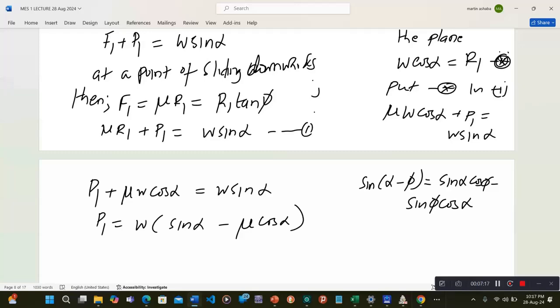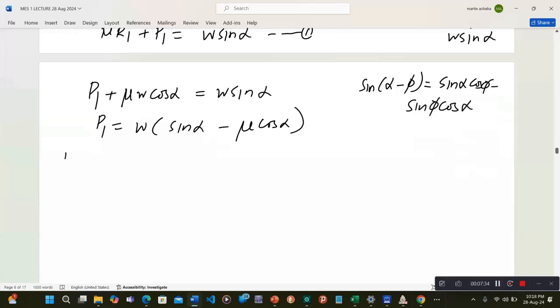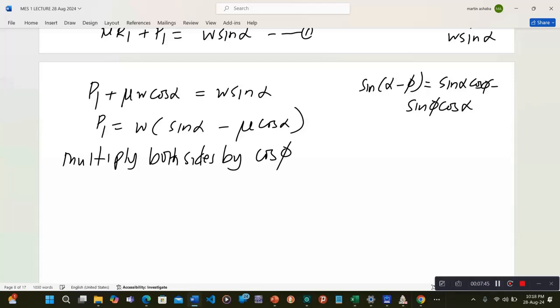If that happens, I'll be able to summarize that expression as sine alpha minus phi. So let me multiply both sides by cos phi.